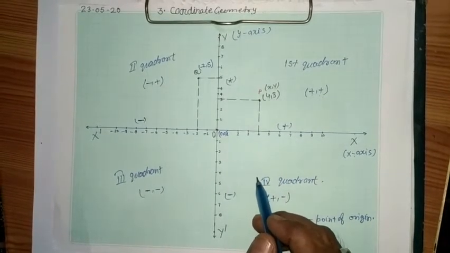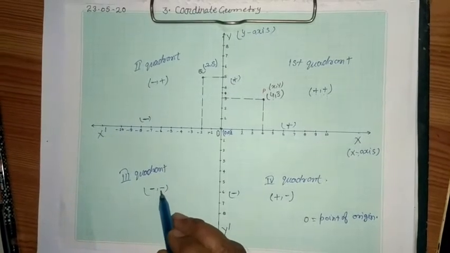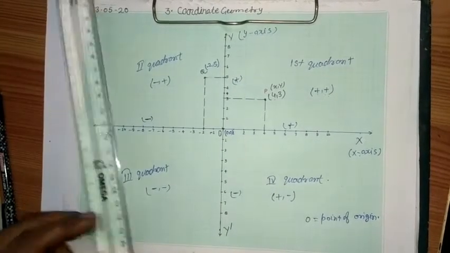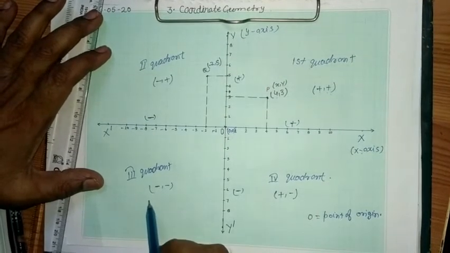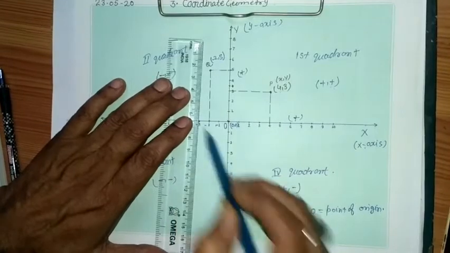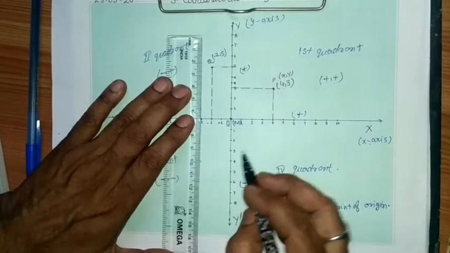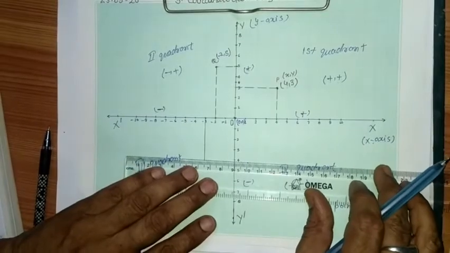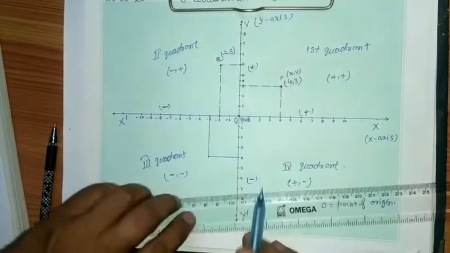If we have to draw a point S whose coordinate is (-3, -4), then we see that -3 and -4 will be in the third quadrant, because their x and y are both negative.